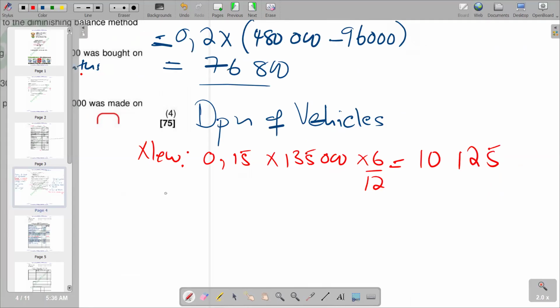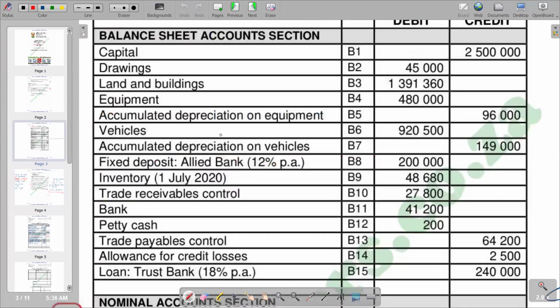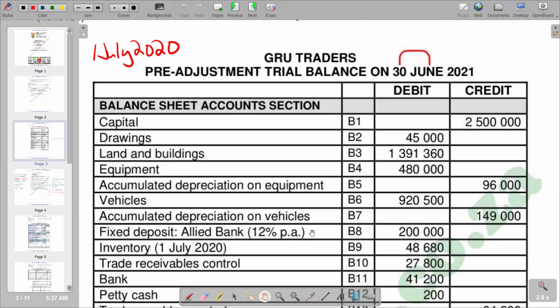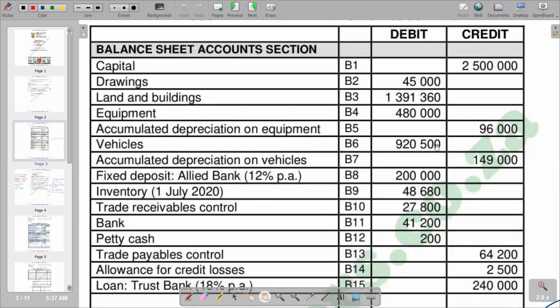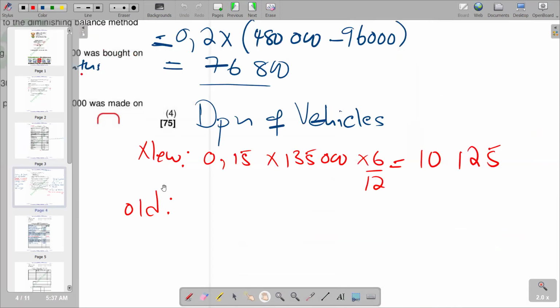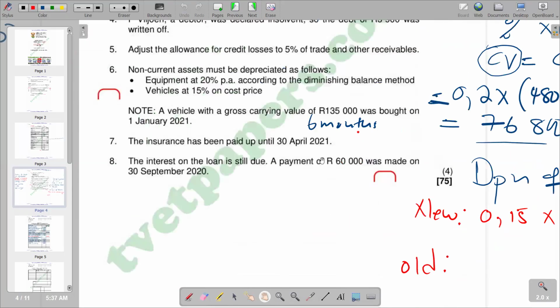So for the old vehicles that stayed for the whole year, remember, for old vehicles we are given the vehicles having 920,500. But inside 920,500, remember these are balances that we have at 30 June 2021 after the new vehicle was purchased. So inside our vehicles cost of 920,500, there is a new vehicle that came during the year of 135,000.